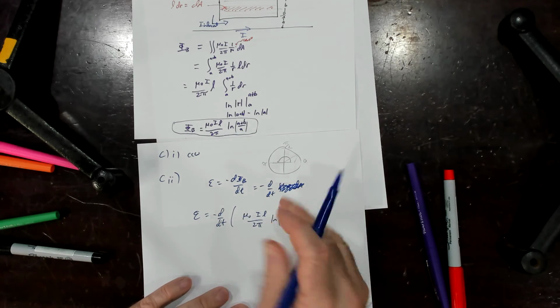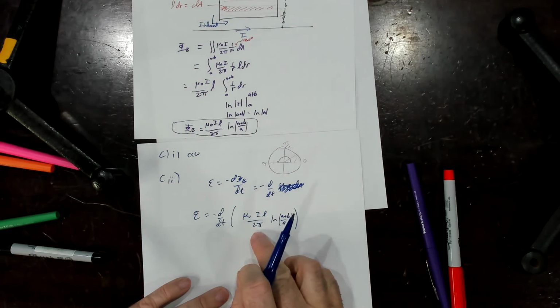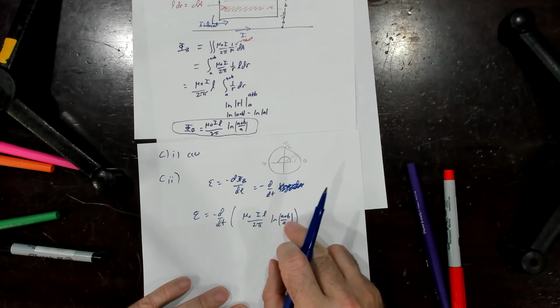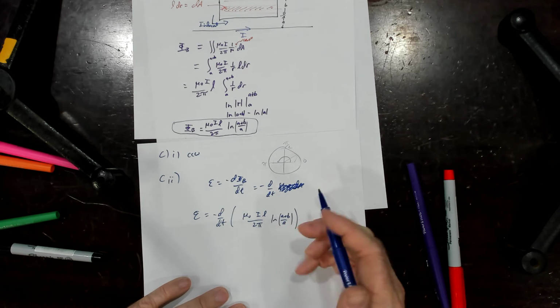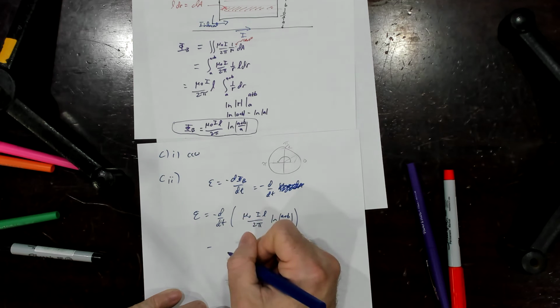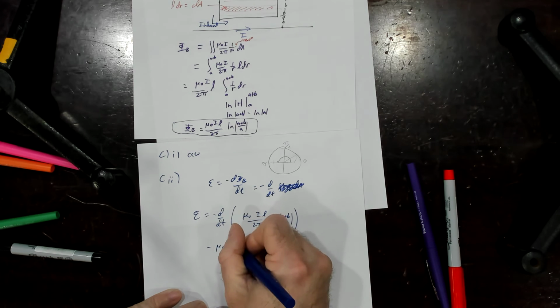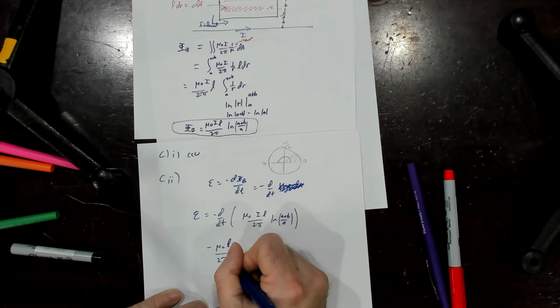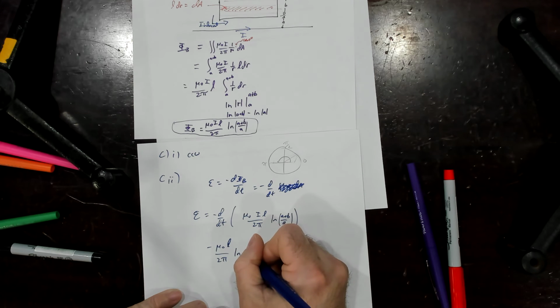Mu naught doesn't change. The length of this loop doesn't change. 2 pi, natural log of this, those are all constants. It's just the I that's changing. All those constants, I could just kick all those out right now if that's going to make me feel better. It does make me feel better to get all those constants out of the way.